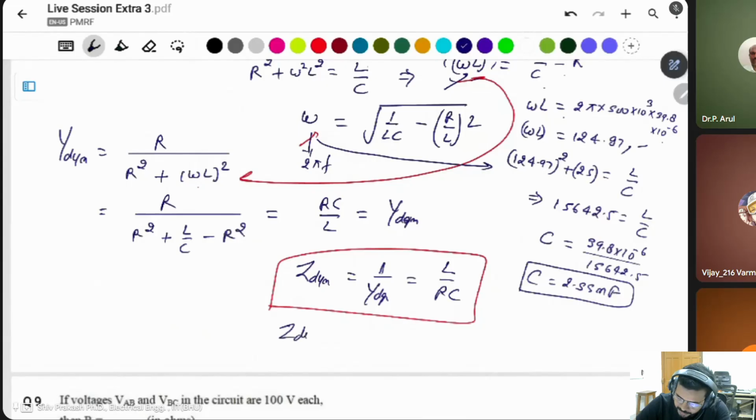Then the dynamic impedance is equal to L, which is 39.8 into 10 to the power of minus 6, divided by R, which is 5, into C, which is 2.55 into 10 to the power of minus 9.